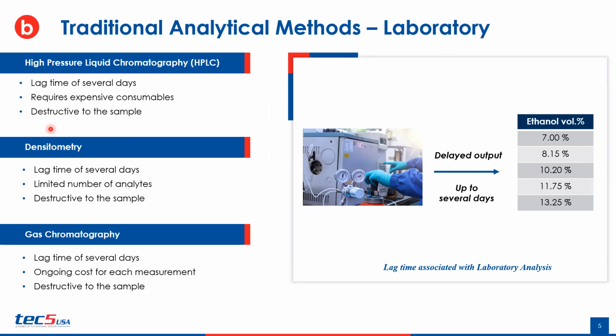In the case of densitometry, this is a well-known method for ethanol detection, but it is limited in the number of analytes that it can be performed for. So again, this is ideal for ethanol, but if additional parameters are required, the end user will have to find the appropriate laboratory to perform those measurements.